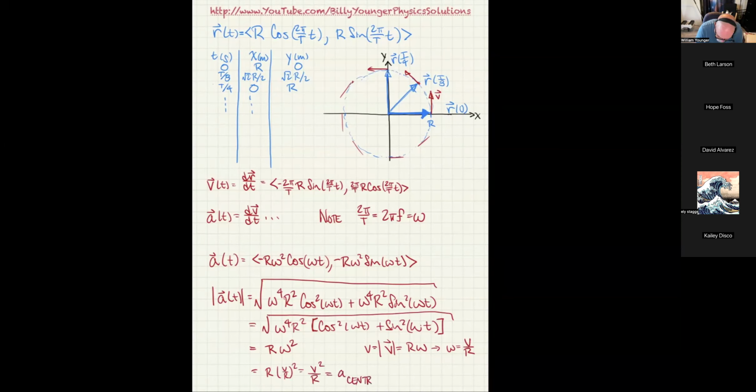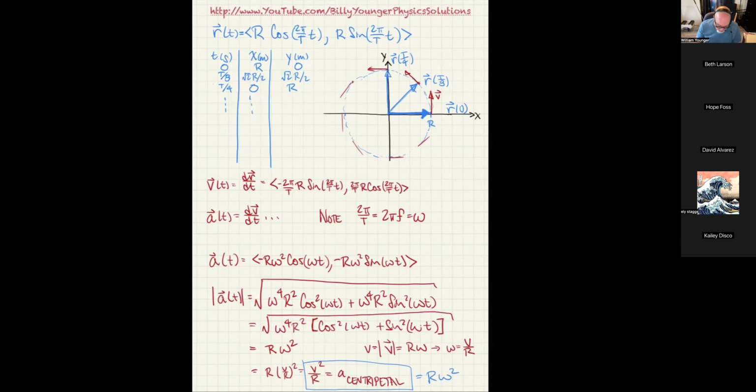Notice I'm saying centripetal. And notice also that you've now derived the formula for the centripetal acceleration, which is A equals V squared over R, but you could also see it's R times omega squared.